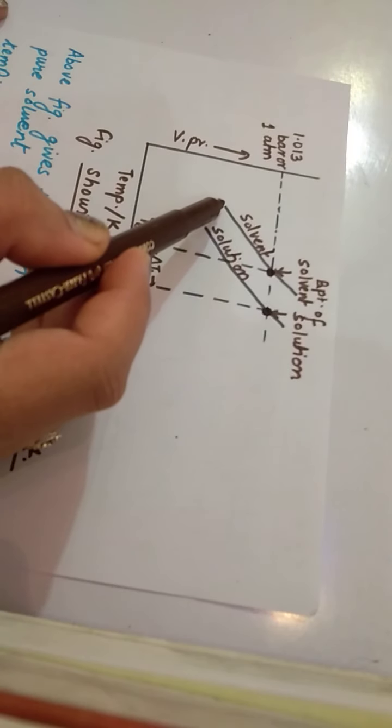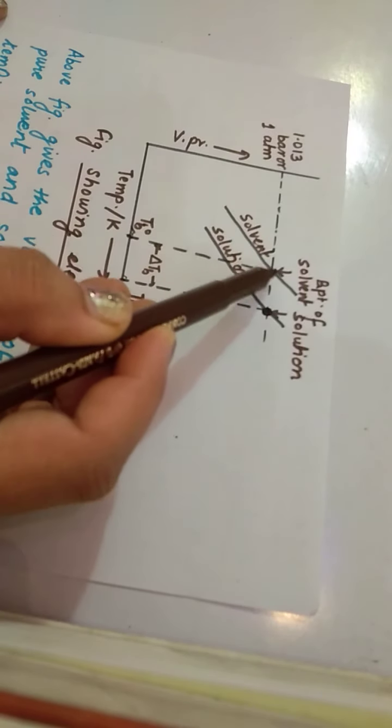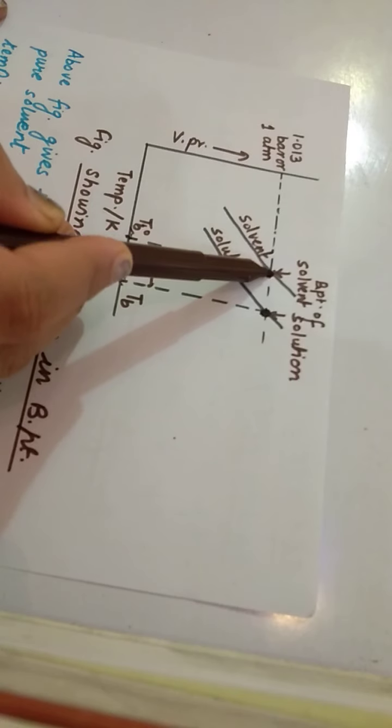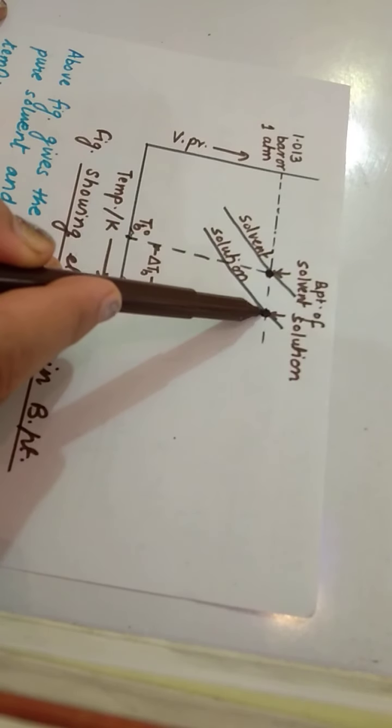Here it has increased like this and I've reached here. Here also it has increased like this and I've reached here. So this point will give you the boiling point of the solvent, and this point will give you the boiling point of the solution.